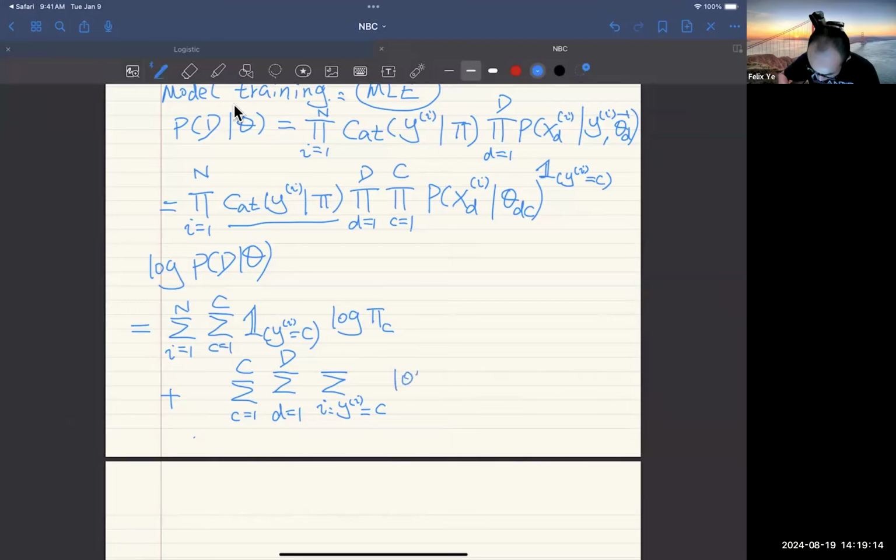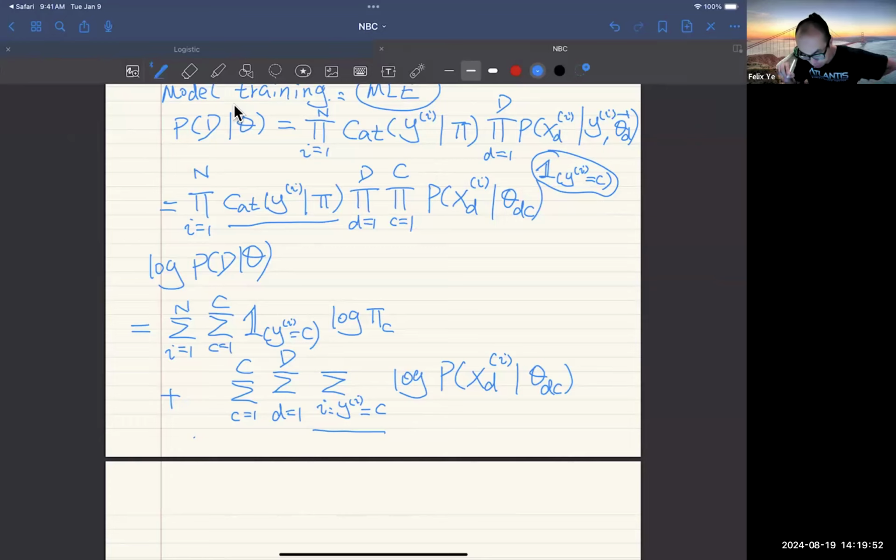So this becomes the logarithm of P of x_d^i conditional on theta_dc. This is implicitly included from i from 1 to n, but we are piling into C different groups. This is very important, so that we don't need to worry about the indicator function, because within this group the indicator function is already automatically satisfied.